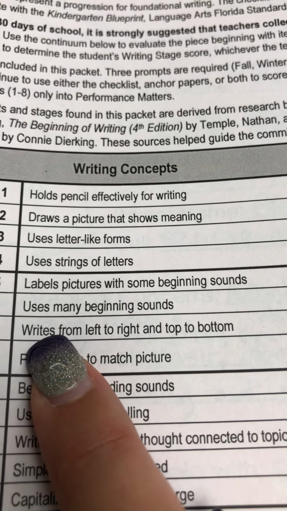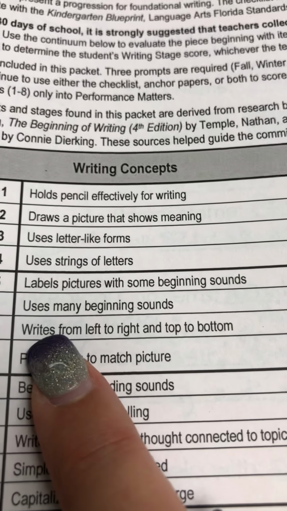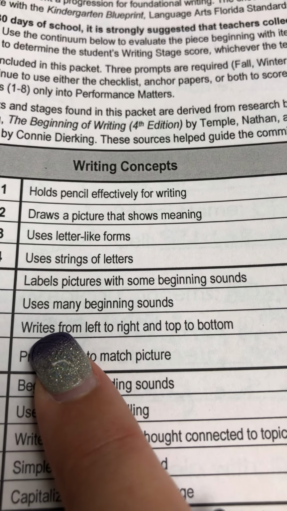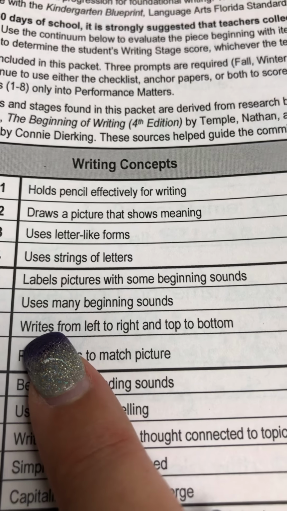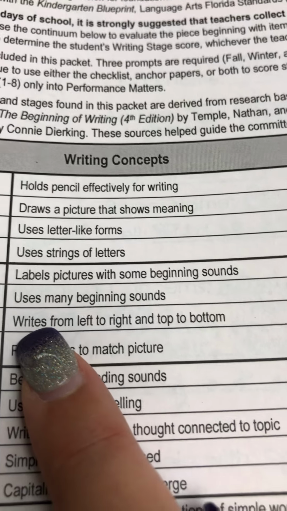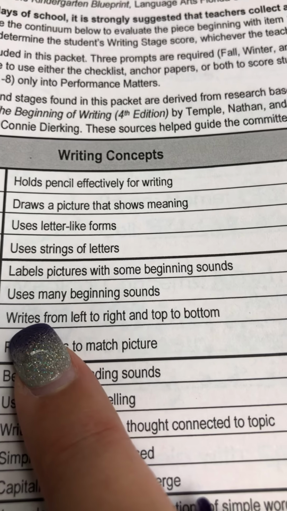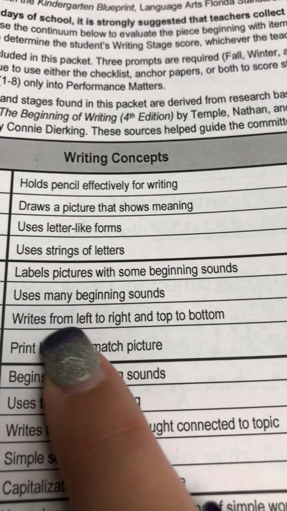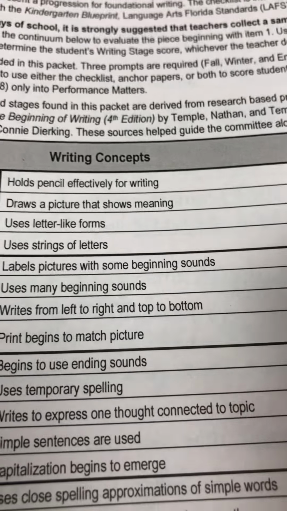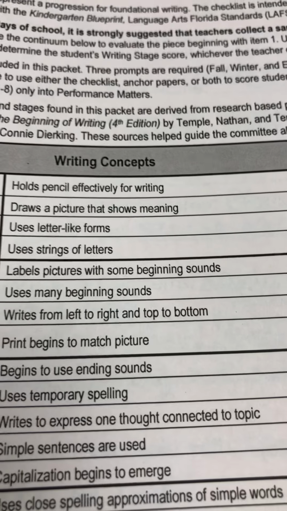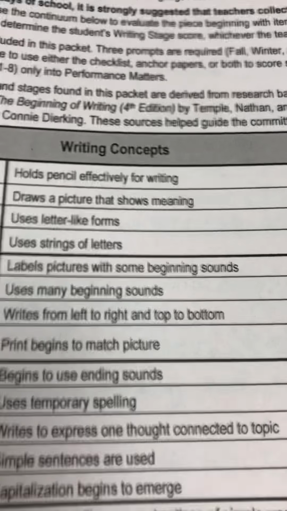At this point, once they start understanding how to create a sentence using those beginning sounds, if I'm trying to write I like cats, we want it to be in the order of I-L-C. So if they wrote C-L-I, they're not writing from left to right. And of course, we want them to understand that once we start writing, we write from top to bottom if we're filling out multiple lines.